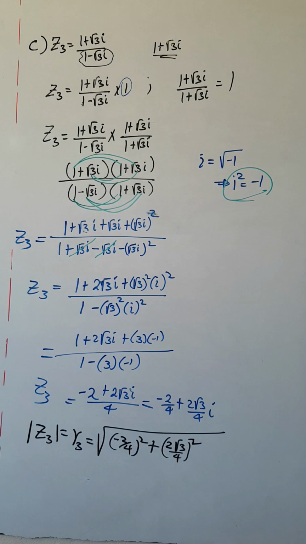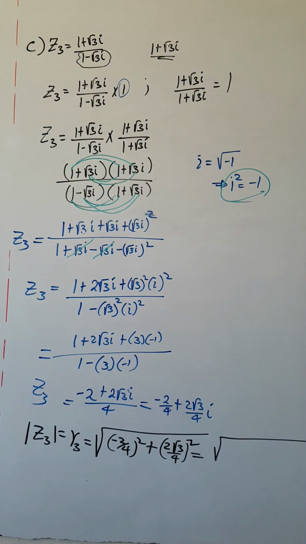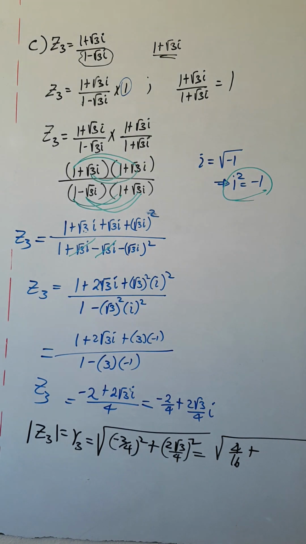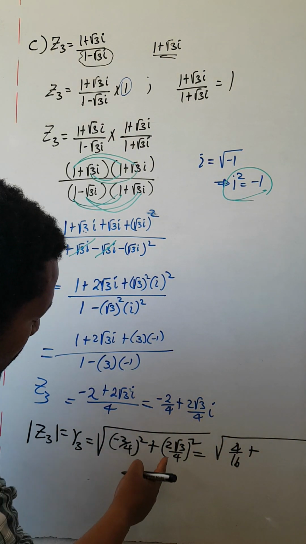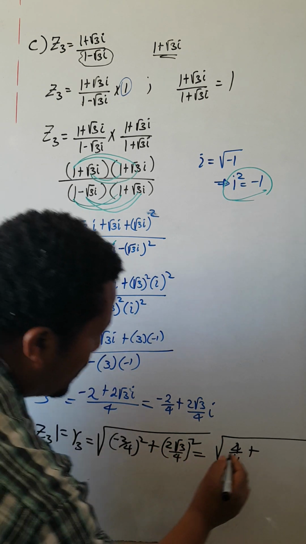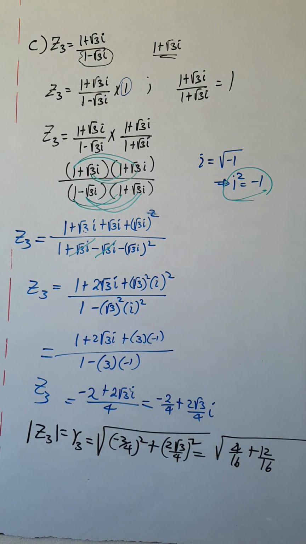This is the modulus of this number. This is equal to, now negative 2 over 4 squared is 4 over 16 under the square root, plus, because the negative is going to be positive, 4 times 3 over 16, which is 12 over 16.